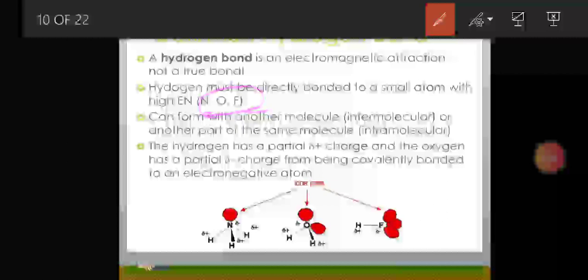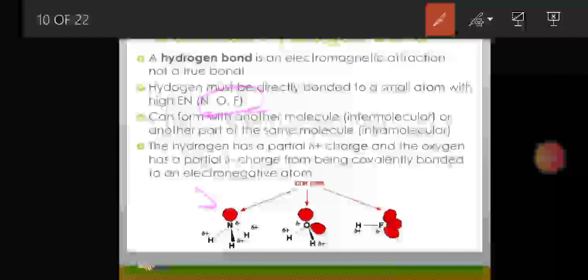See, the hydrogen has a partial positive charge and the oxygen has a partial negative charge. Nitrogen, oxygen and fluorine are the most electronegative atoms of the periodic table, and they are electronegative due to the presence of lone pairs of electrons on them. See the structures, lone pairs are shown in front of you.